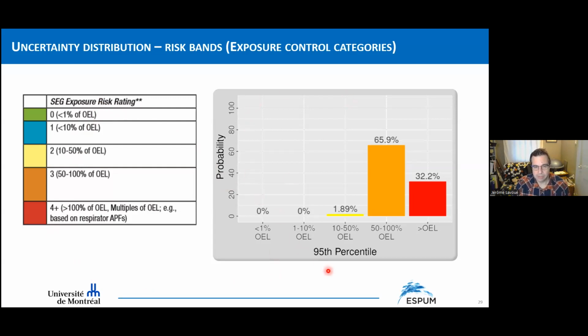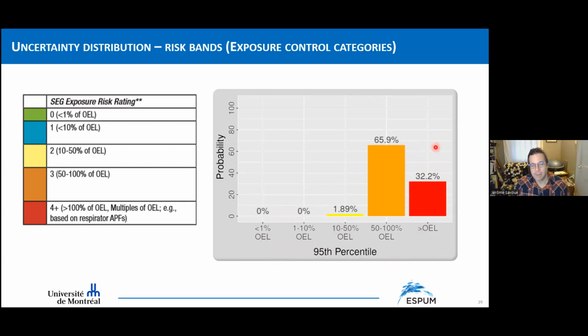So the BDA chart tells you the chances that your actual exposure control category is a category 4 is 32%. The chances that it's a category 3 is 66%. And there's a slight chance that it will also be a category 2, and it's unlikely that it would be any of the other categories.